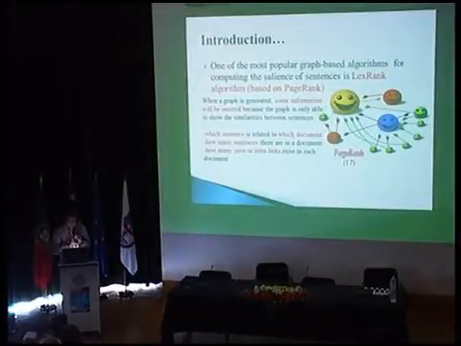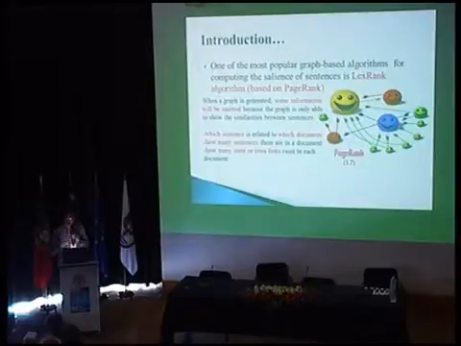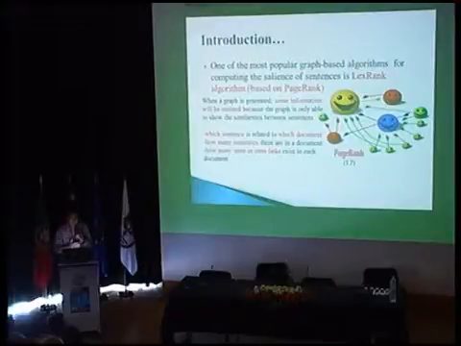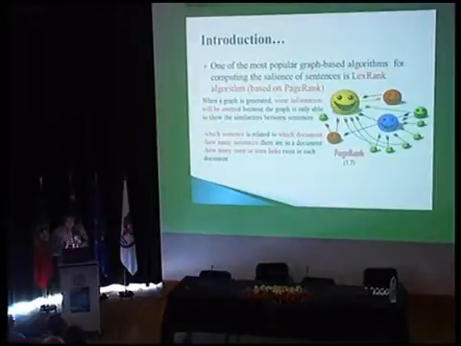If one node has more important neighbors, it gets a higher score. But when we generate a graph, some information will be omitted. For example, which sentence is related to which document, or how many sentences there are in one document. So we want to solve this problem in the summarization.